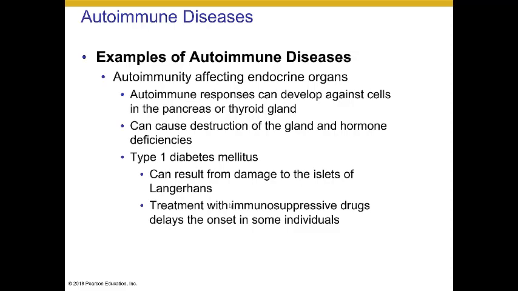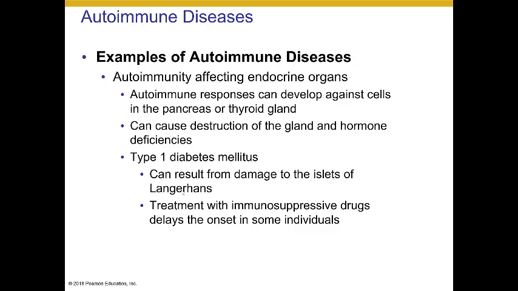Type 1 diabetes, that's autoimmune. So that's affecting your pancreas, particularly these islets in the pancreas, which are endocrine cells. So this would be an endocrine autoimmune disease. And so you've got an immune response against your pancreatic cells.